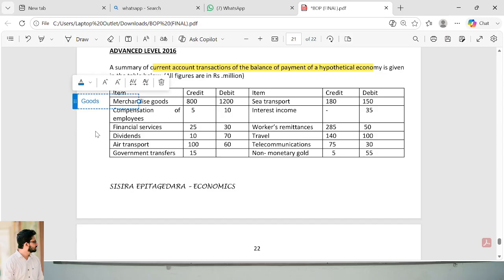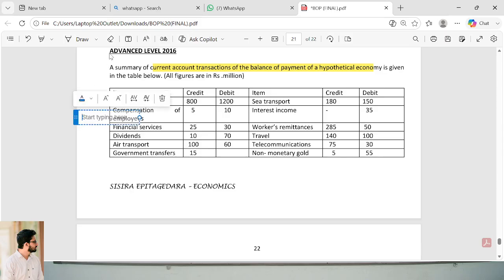Next, compensation of employees. Very good: primary income account. Compensation of employees goes to primary income. I would say primary, the second account of the current account.